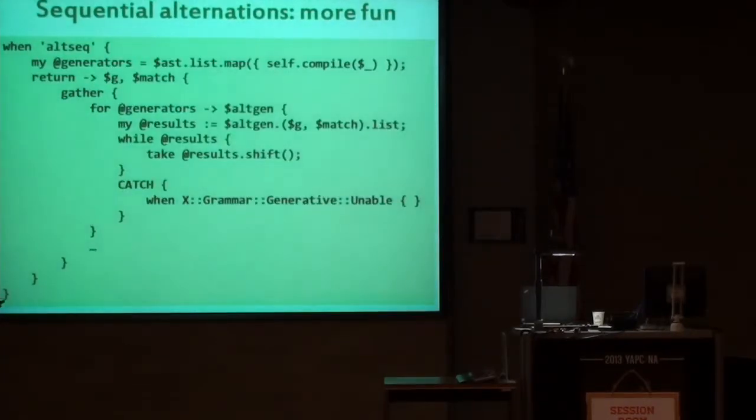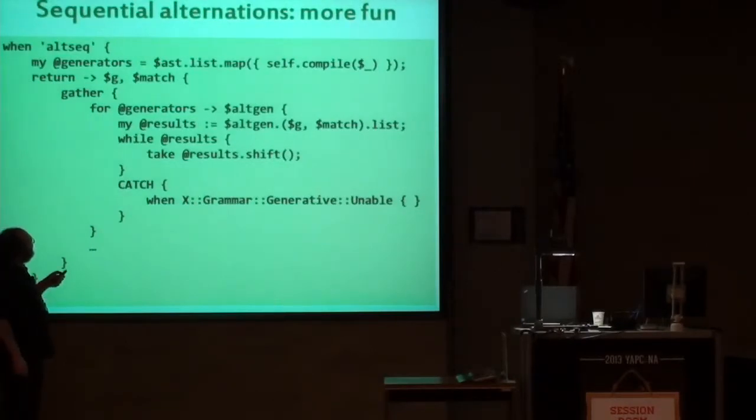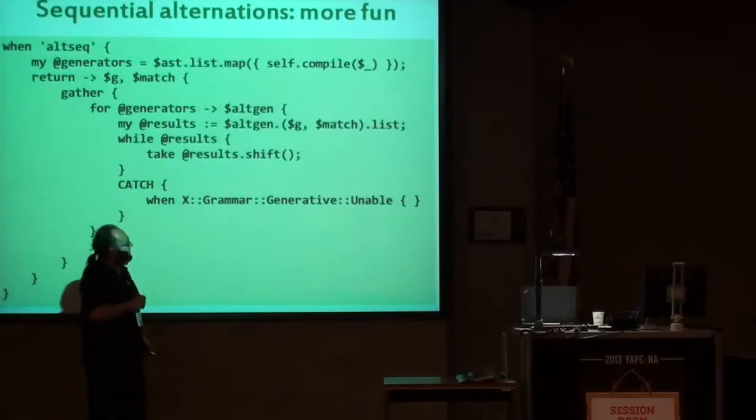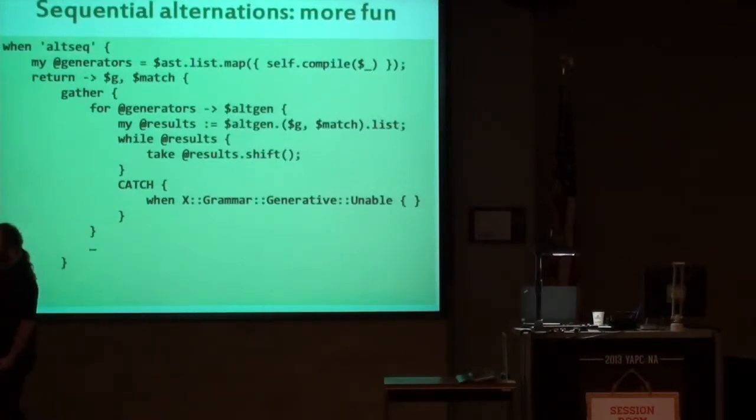So we go through the generators, we invoke each one of them with the grammar and the match, and we take the results. We loop through the results, taking each one. And then there's a special exception type here, which is grammar generative enable. What this means is the path that we went down ran out of ways to produce results for us. If that happens, we'll just try the next alternation.